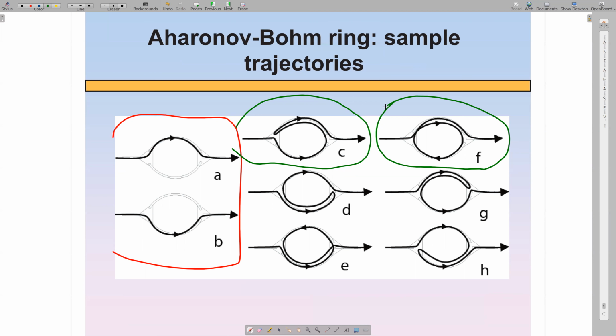If you look carefully, you understand that both trajectories cover the same arms, the same parts of the nanostructure.